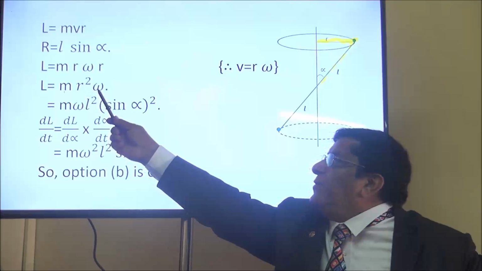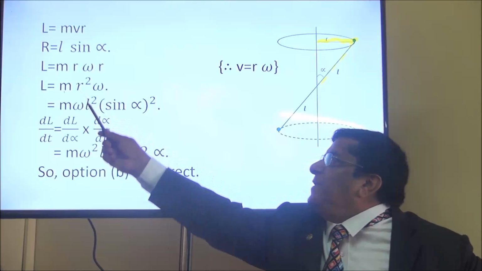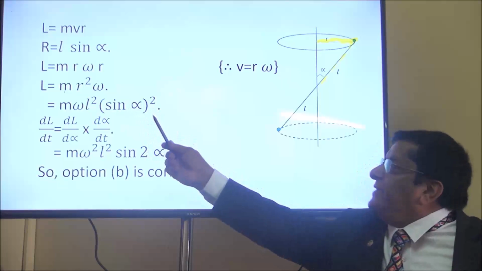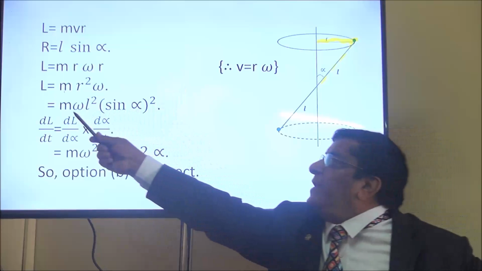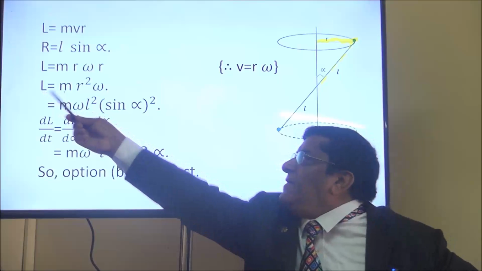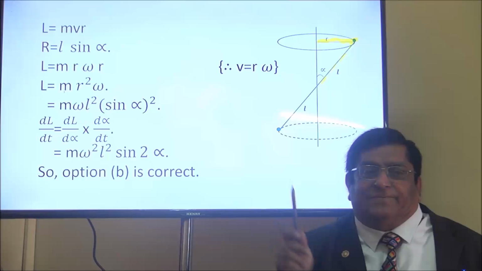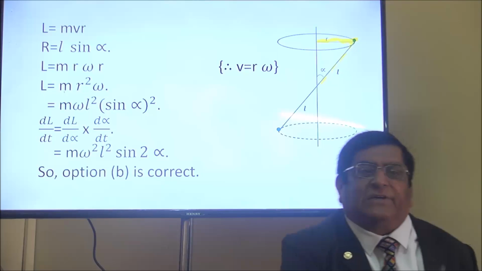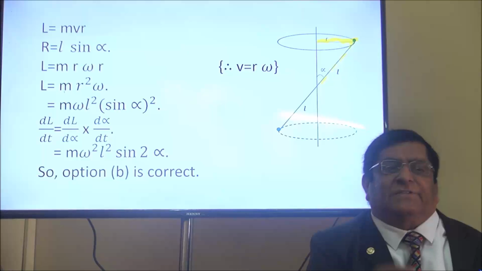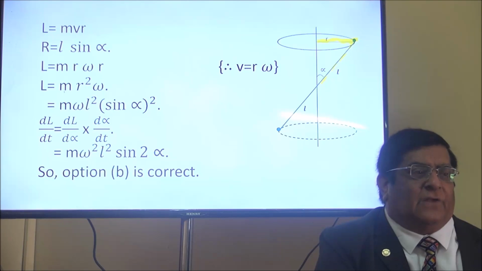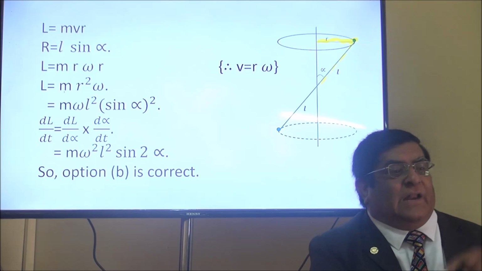Now R square omega, and this R has been replaced with L sine alpha. So this is M L square sine square alpha omega, and here you have got the expression of L in terms of alpha, that is the variable. Alpha is the base quantity and L is the dependent quantity. L is a function of alpha.